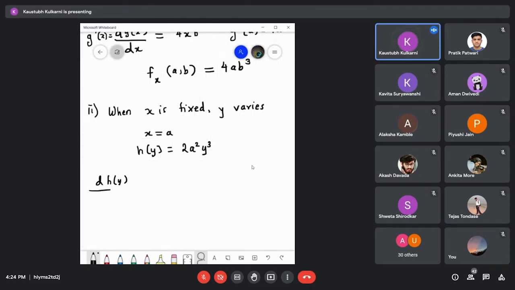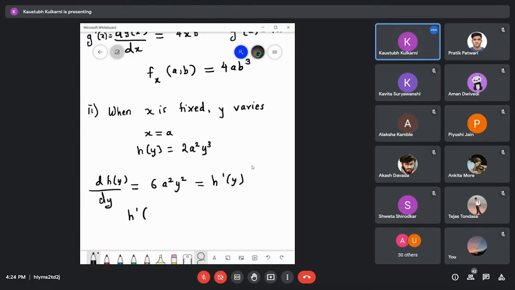Now again calculating the derivative of this function, dh upon dy is equal to 2a square, which is a constant and remains as it is, times y cube. The derivative of y cube is 3y square, so it becomes 6a square y square. This is h dash of y. Now we want to find h dash at the point y equal to b.